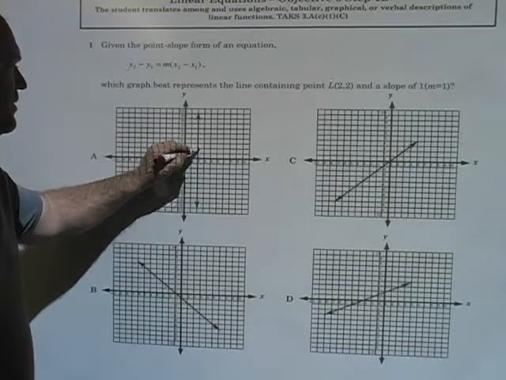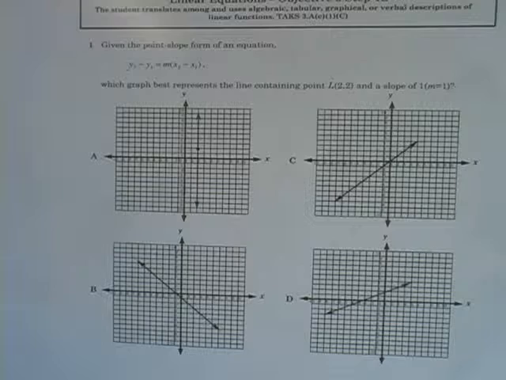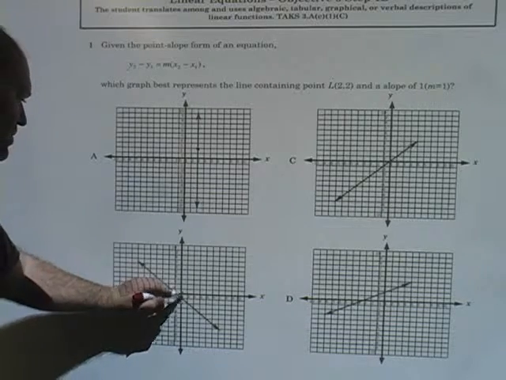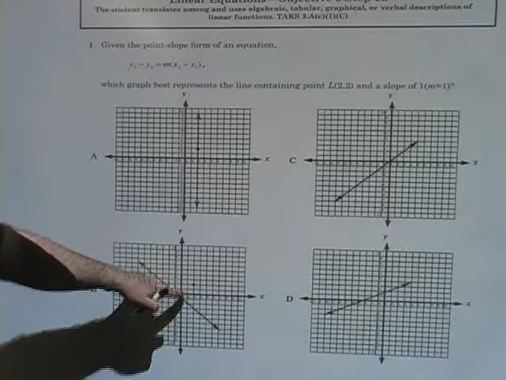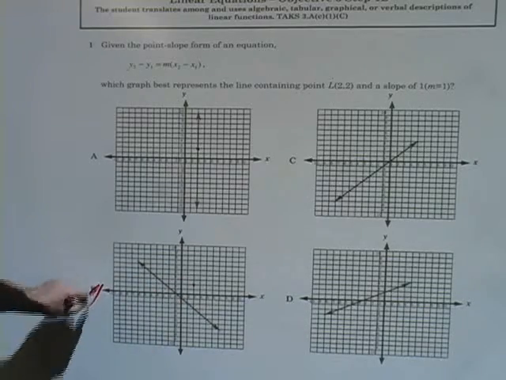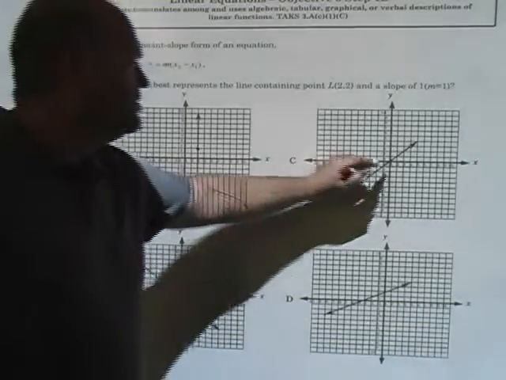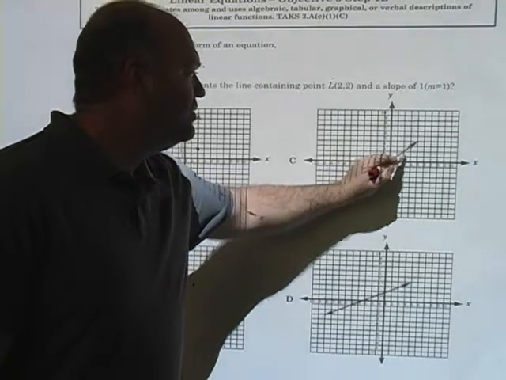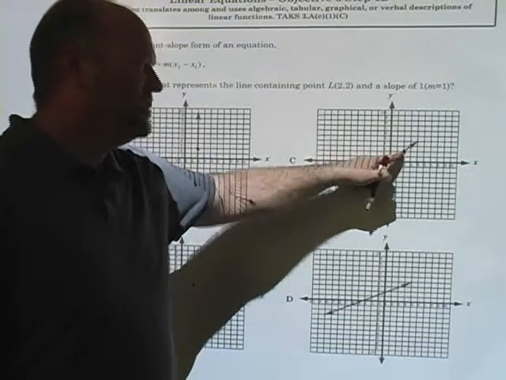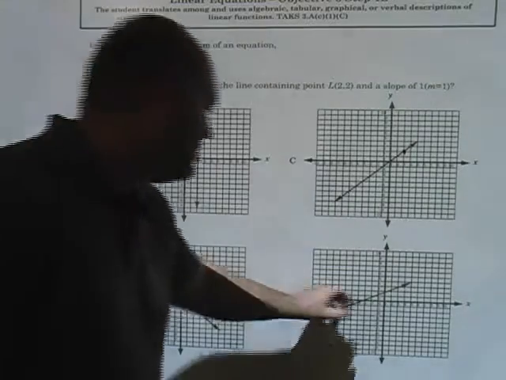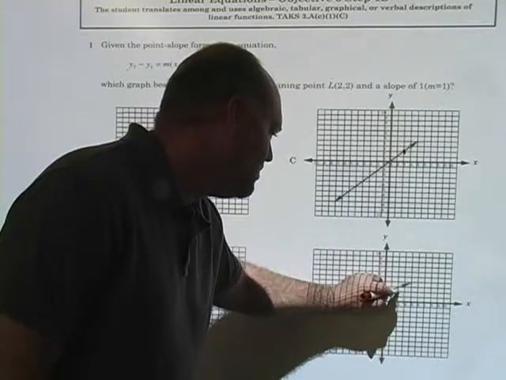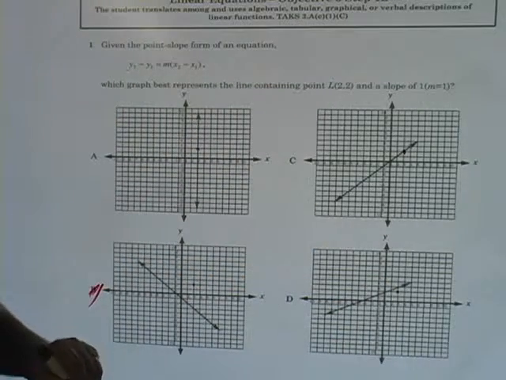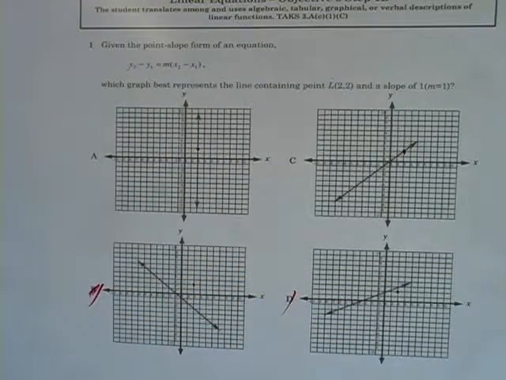No. That one has 0, 2. That one doesn't, that's not on the line, so that one's wrong. 2, 2. That one's on the line. And that one is just off the line, so that's not right. So it's either A or C.